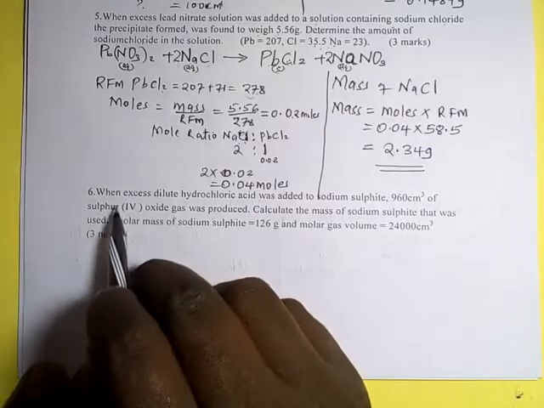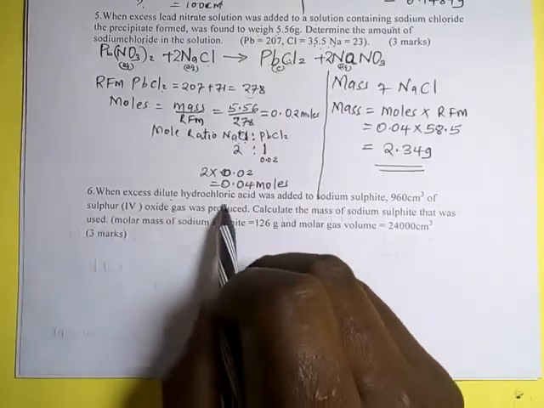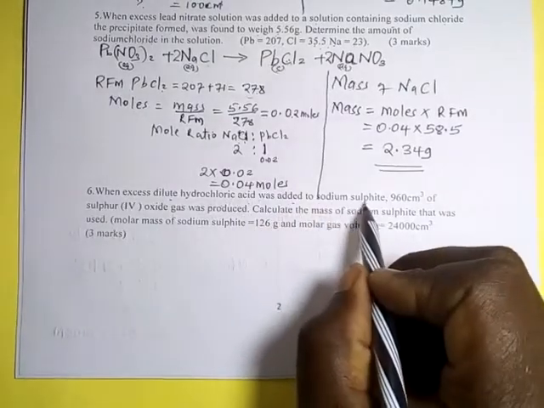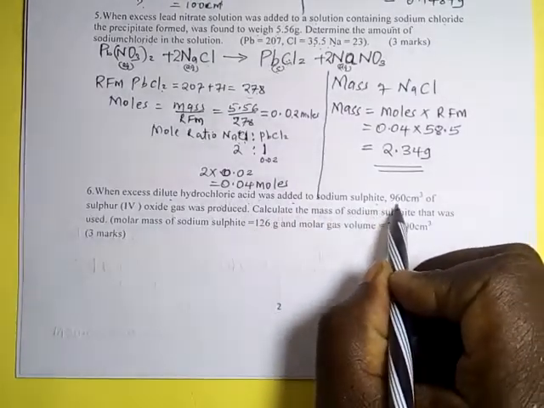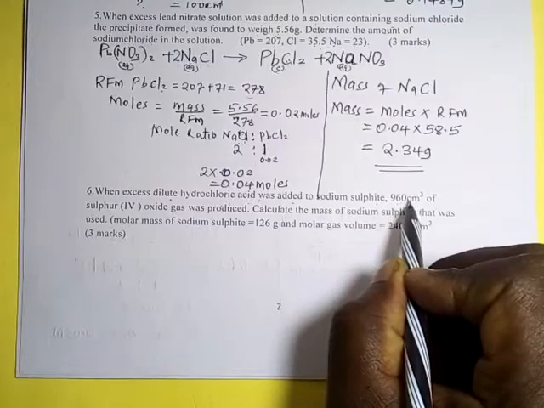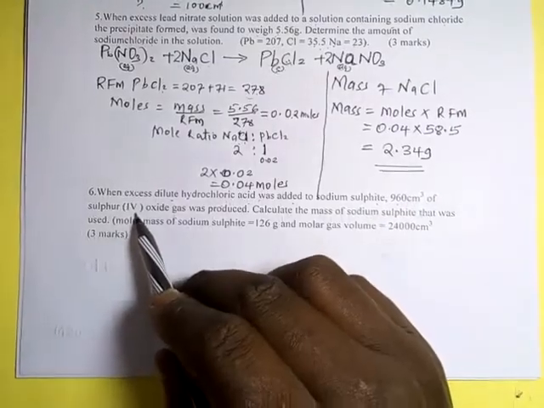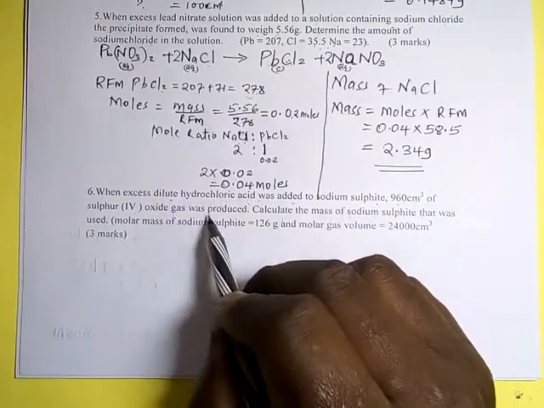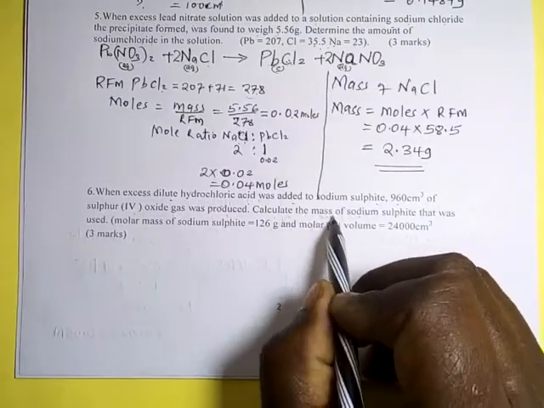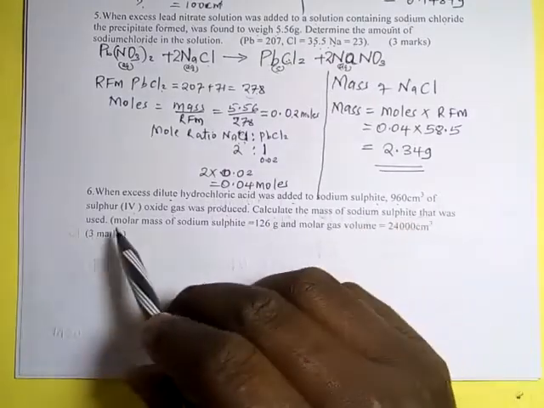Next is: when excess diluted hydrochloric acid was added to sodium sulfite, 960 centimeters cube of sulfur 4 oxide gas was produced. Calculate the mass of sodium sulfite that was used.